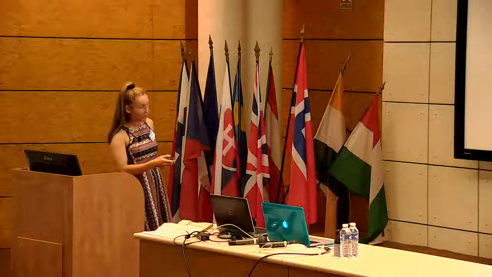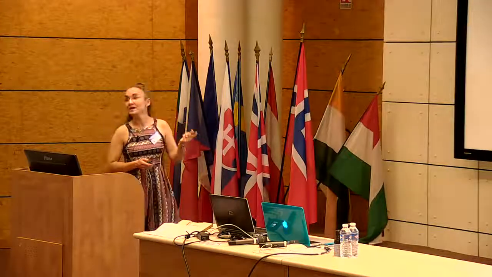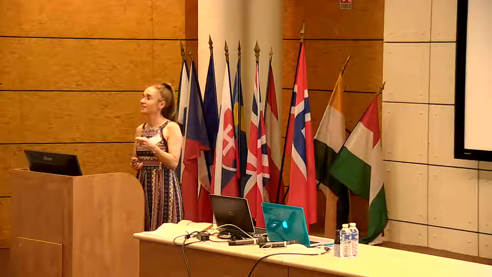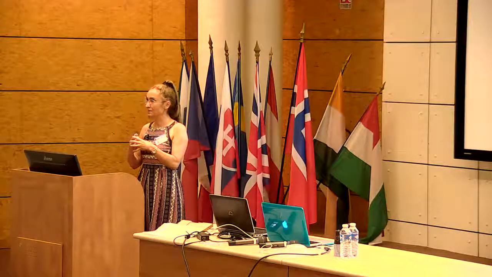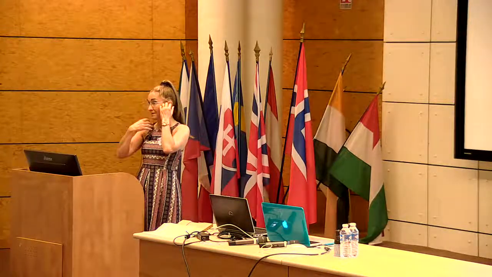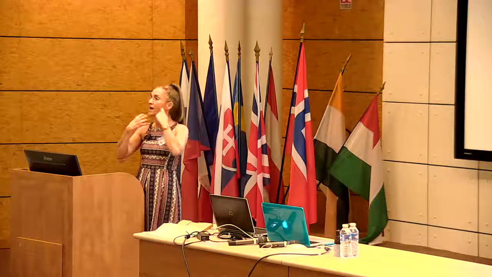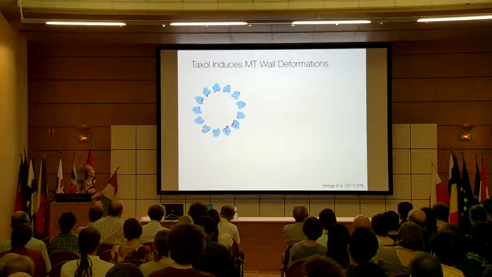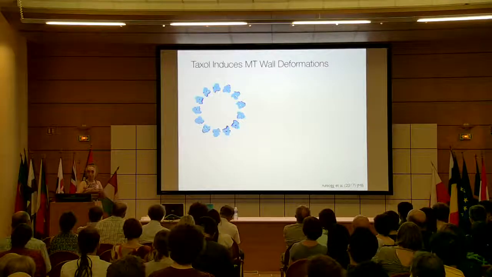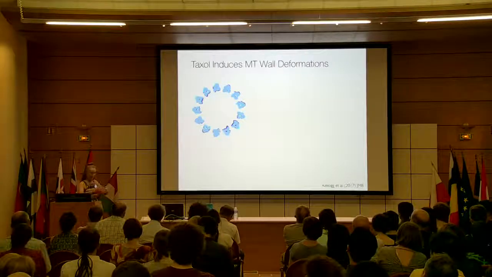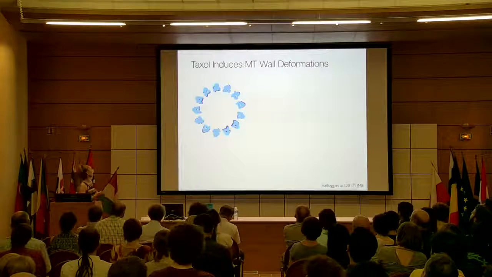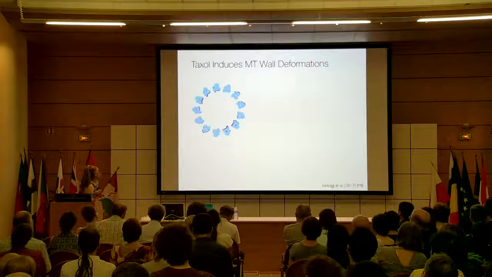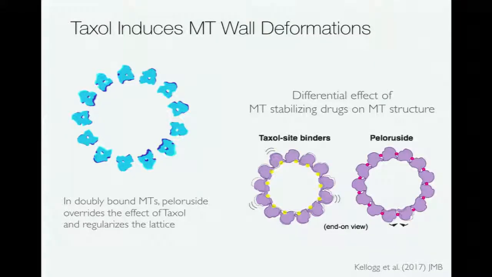Okay? By the way, if you bind both Taxol and pellurocyte, the stabilization is additive. It's not only that they bind in different sites, it's that they use different methods of stabilization, and now you get a microtubule that is perfectly regular, doesn't have this opening at the seam, and is double stable, if you want.